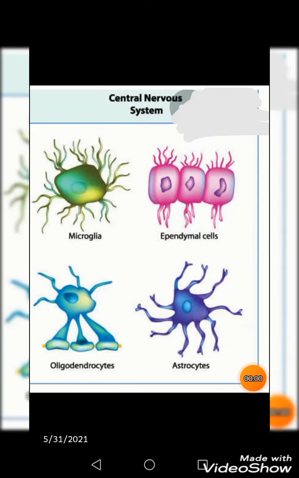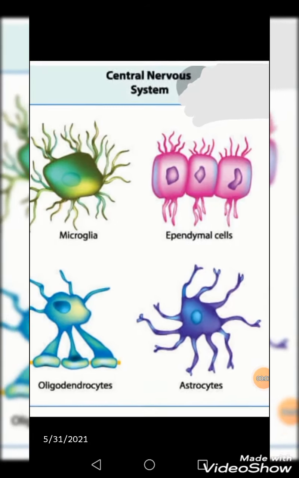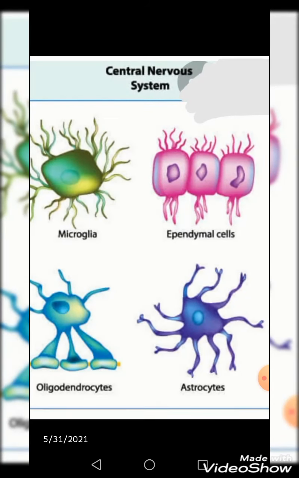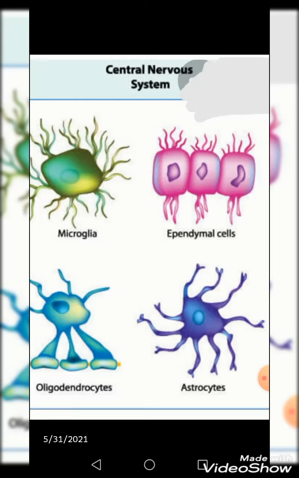For this picture, we should know that neuroglia can be divided into neuroglia proper and the ependymal cells. As in the picture, the pink colored cells are ependymal cells. Where are they present? They line the cavities in the brain and the spinal cord, right?